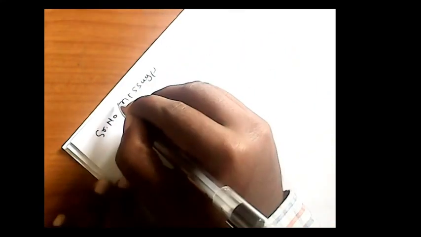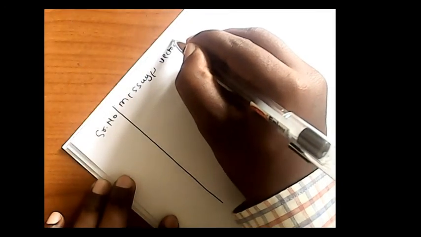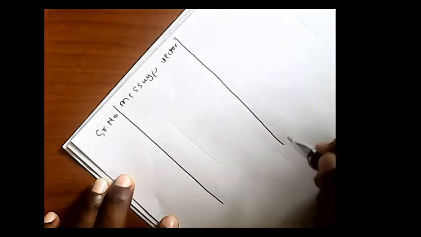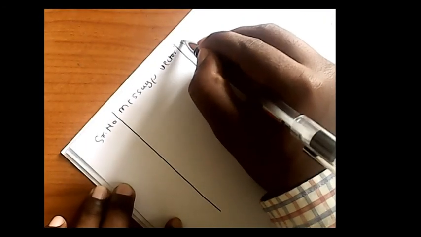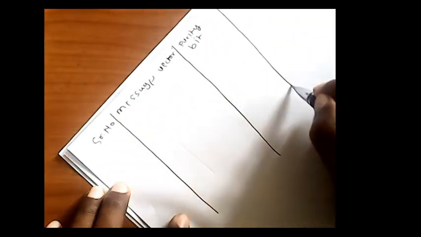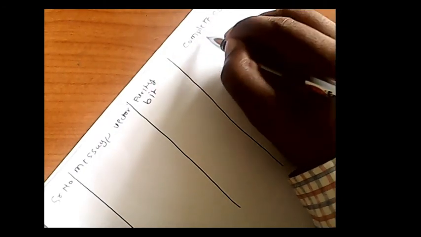That is serial number, then message vector, then parity bits, and your complete code vector.